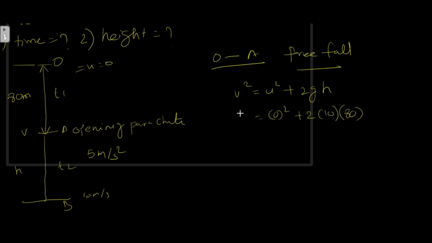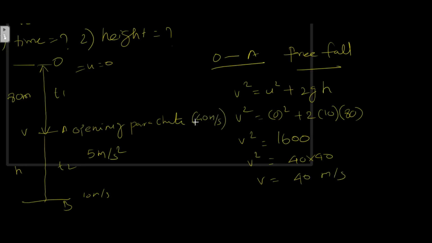So the height is 80 meter and the final velocity V square can be found. 2 8s are 16, so it is 1600. So this is 40 into 40, that is V square. V equals 40 meter by second.